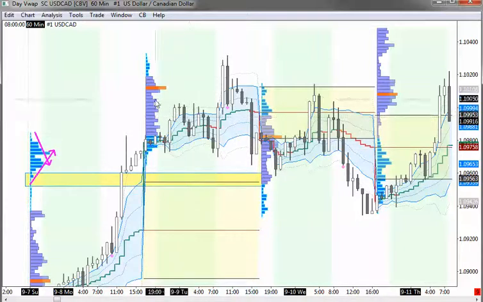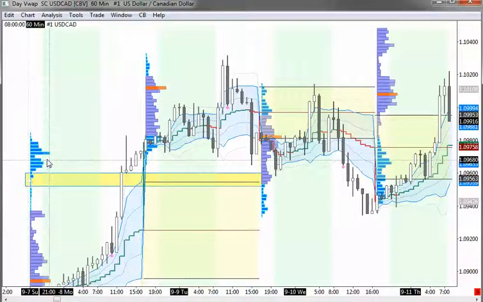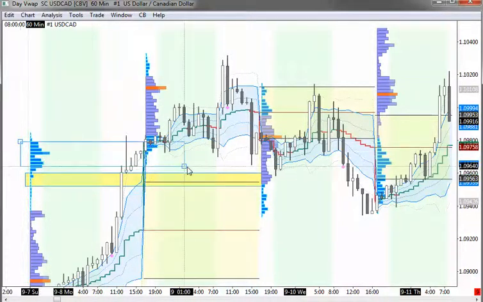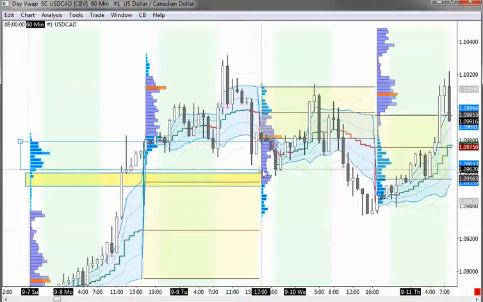And if we can't break the value area high, then what we're looking for is not only the value area low to be tested, but we want to get into this range here where this new value area was starting to form. So as price starts to come into here, we could start to think of taking long trades.